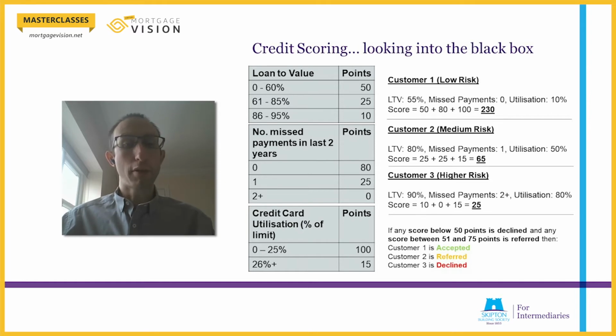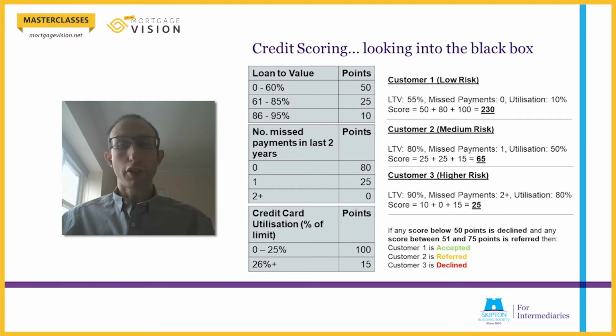For the number of missed payments variable, it's been split into none, i.e. up to date for the last 2 years, 1 and 2 plus missed payments, again getting the most points for no missed payments. For credit card utilisation, the most points are for the 0 to 25% utilisation, i.e. you're not using your credit card limit very much.